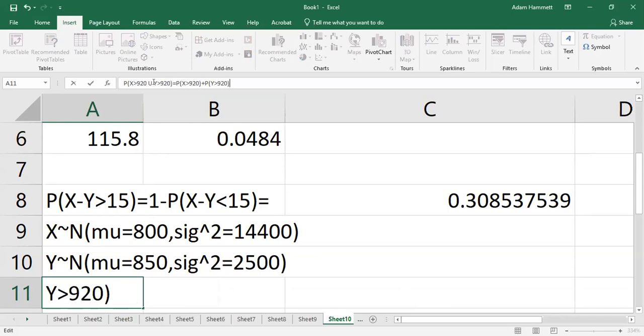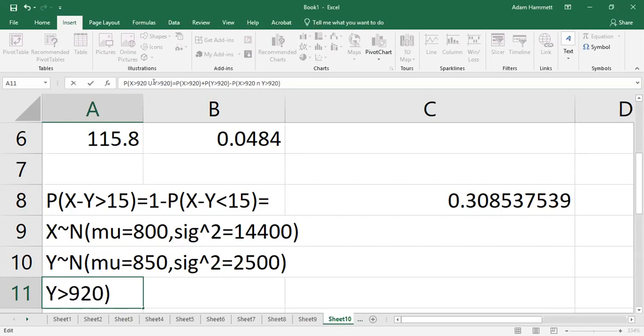But that will add the overlap twice. So what do I have to subtract off? Their intersection. So it's going to be minus the probability that X is greater than 920 and Y is greater than 920.